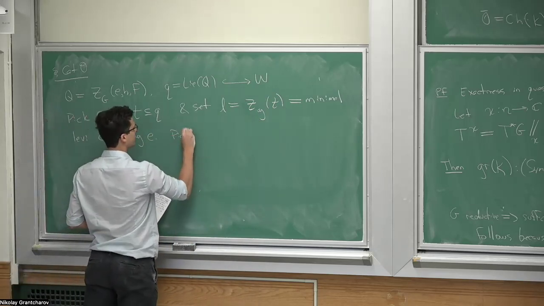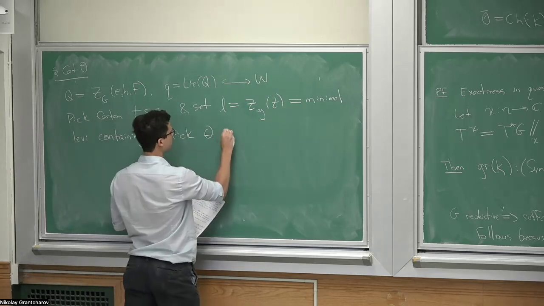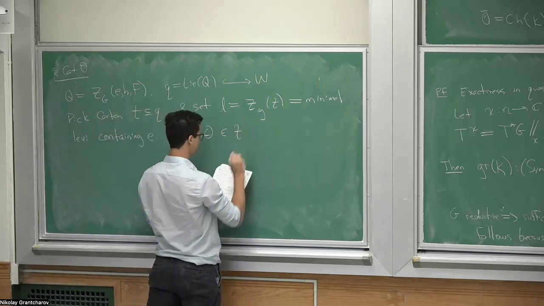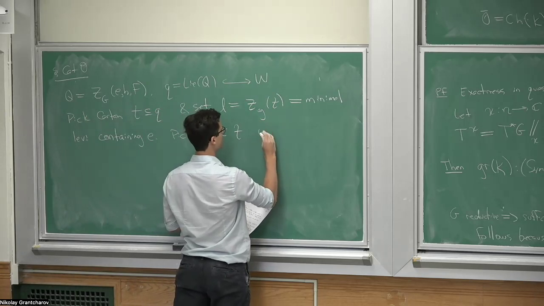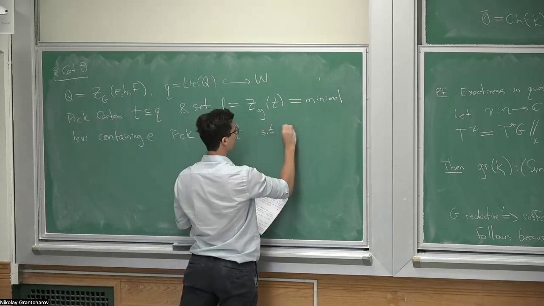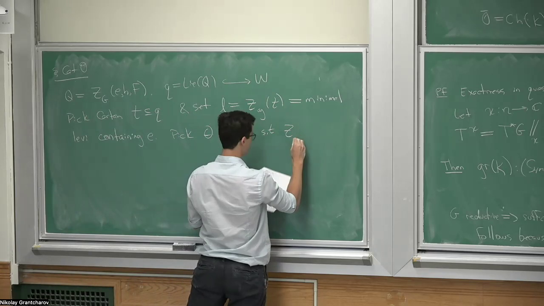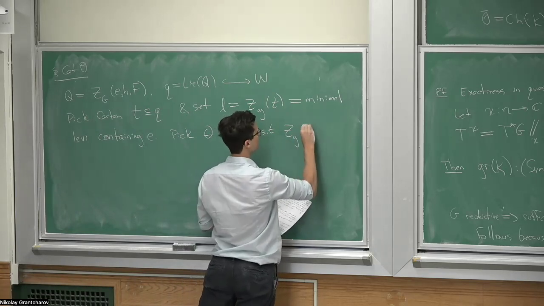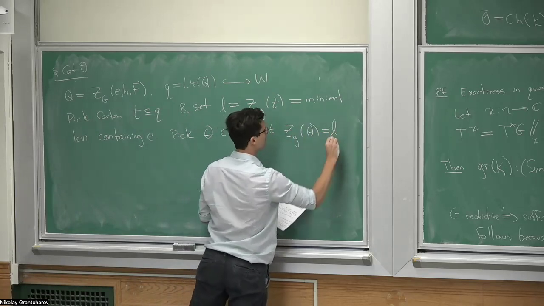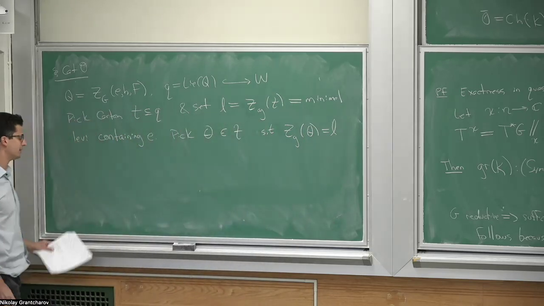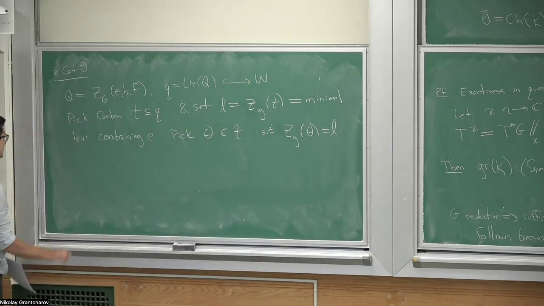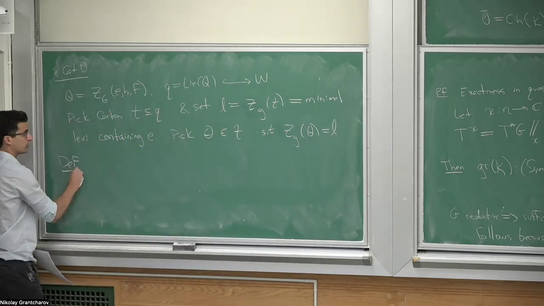Now pick a theta inside the torus such that the centralizer of theta is L. And then we define the category O, which will depend on this theta.